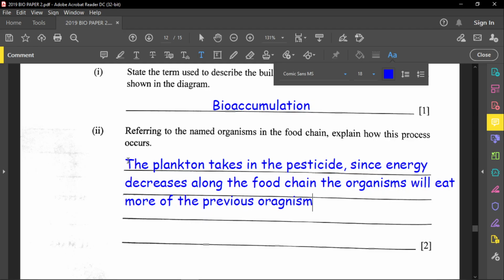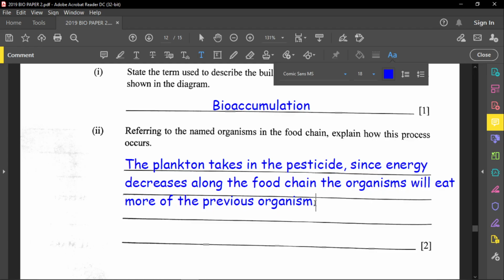And why will it eat more of the previous organism? Simply to fulfill its energy requirement. Okay, very important for us to know that.